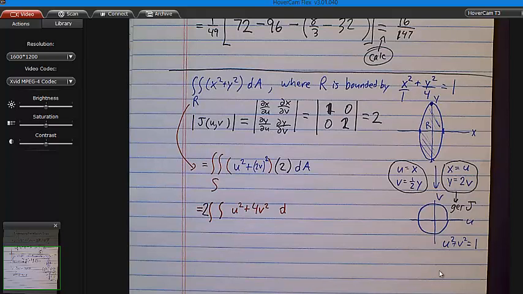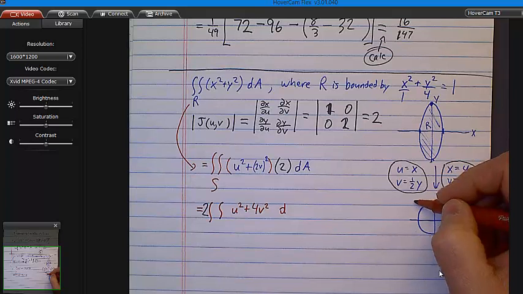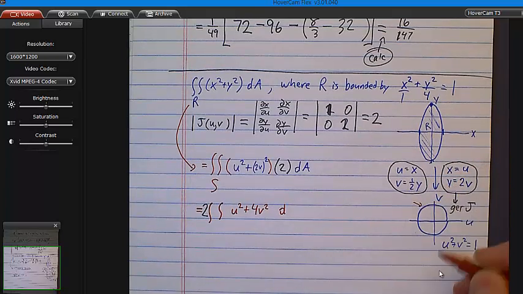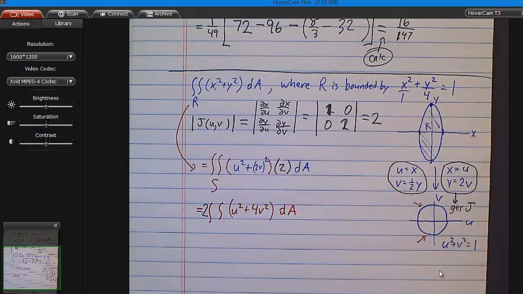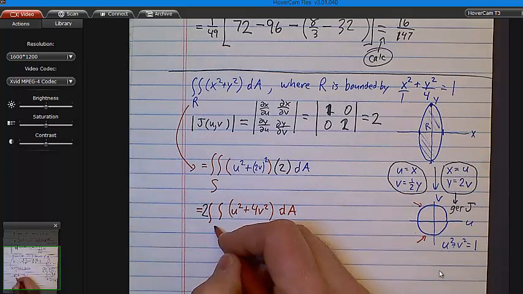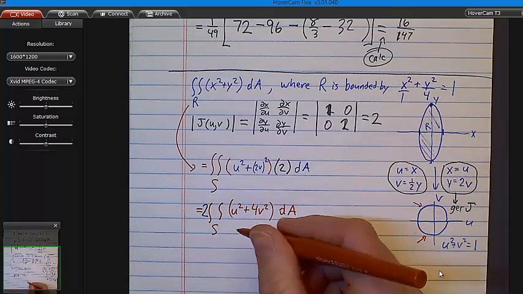The point was I wanted to go polar, because otherwise I have to write what this function would be. Okay, so let me write dA. And now let me write S. Instead of writing du dv or dv du, okay, here we go.